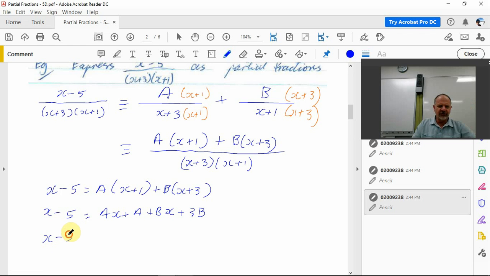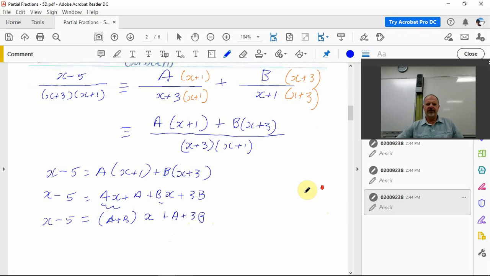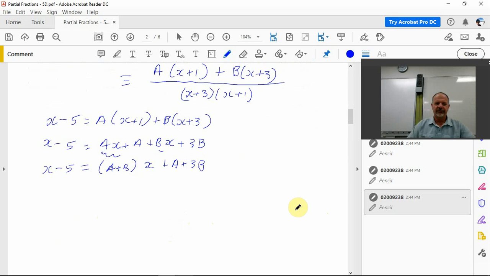So x minus 5, these have got x's, so a plus b, x plus a plus 3b. Then, equating coefficients, if it's 1 there, a plus b has got to equal 1, and a plus 3b has got to equal negative 5.